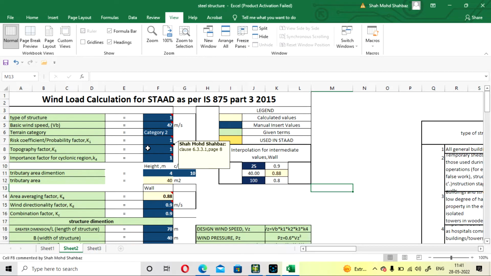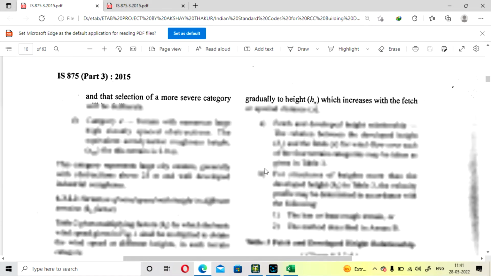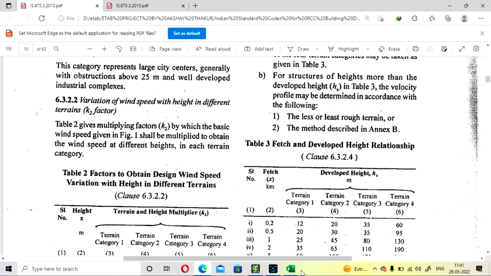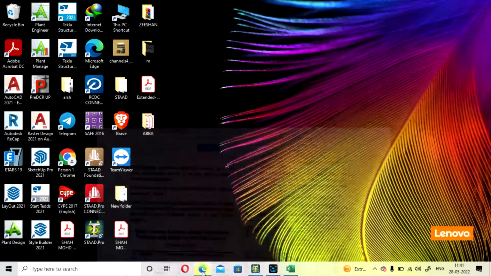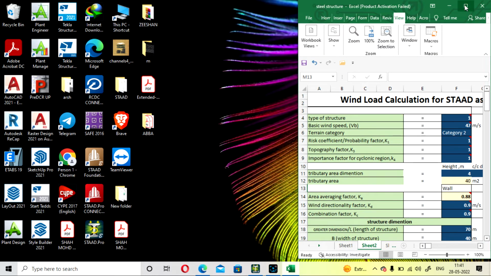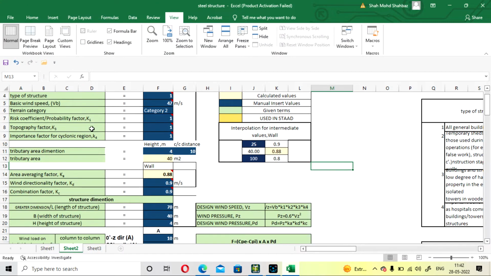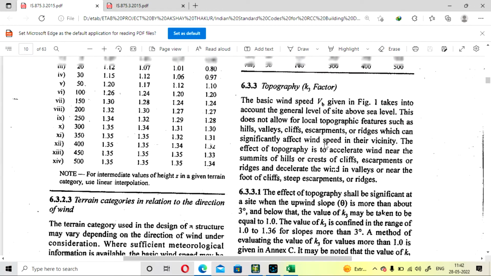Similarly, topography factor. So page number 8, it is present. Here, for topography factor K3, on page number 8, it is here.